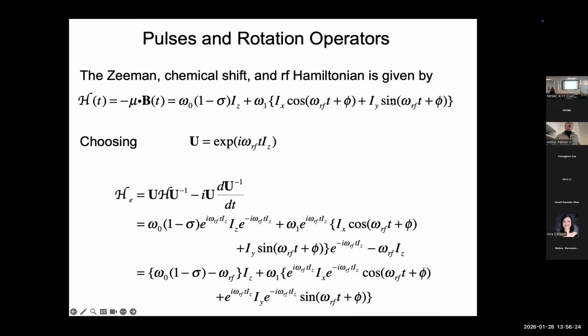Perhaps not surprisingly, the RF field is circularly polarized, rotating with the frequency omega RF. Our transform frame also needs to rotate with the frequency omega RF to make that look stationary. And of course, if we rotated the wrong direction, we're going to see a Hamiltonian rotating at 1 gigahertz if it was a 500 megahertz NMR spectrometer.